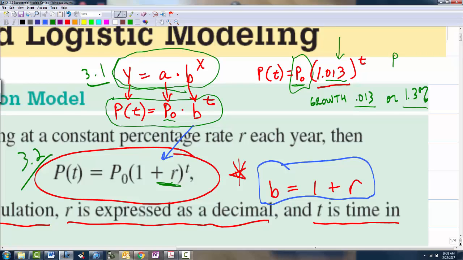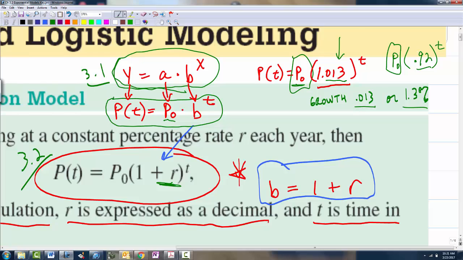I mean, think about it. If this number was less than 1 raised to it, like 0.92 raised to the t, if I plug in a 1 for here, what happens to this population? It goes up or goes down? It goes down. Okay, so this is a rate of decrease. What's the rate of decrease per year? What do you think? Not 92%.